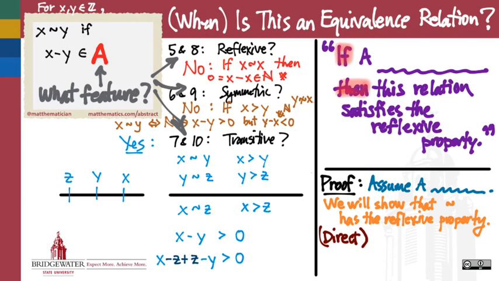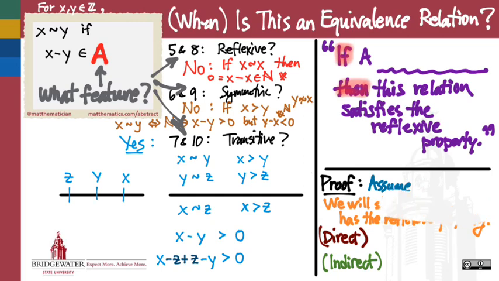What would be the alternative to that? If a proof is not a direct proof, what kind of proof is it? Well, it's indirect. So what would an indirect proof of this if P then Q look like? Yeah, assume Q. So assume that twiddle has the reflexive property.